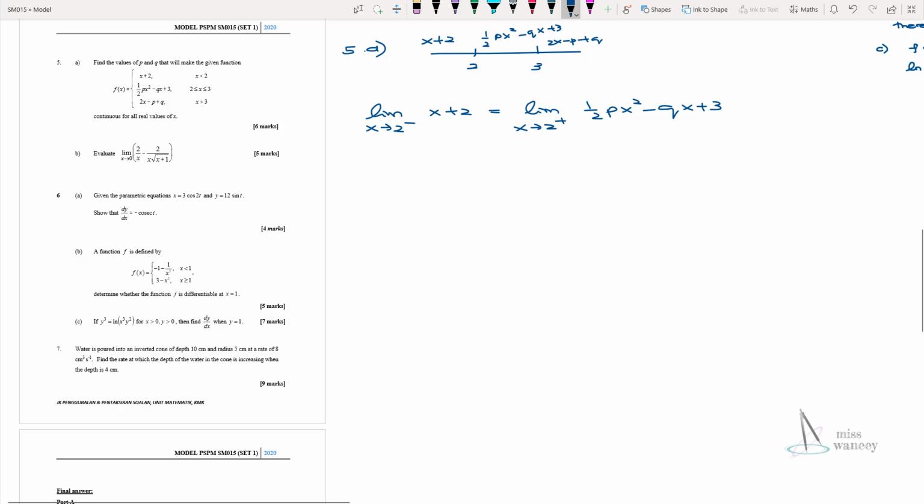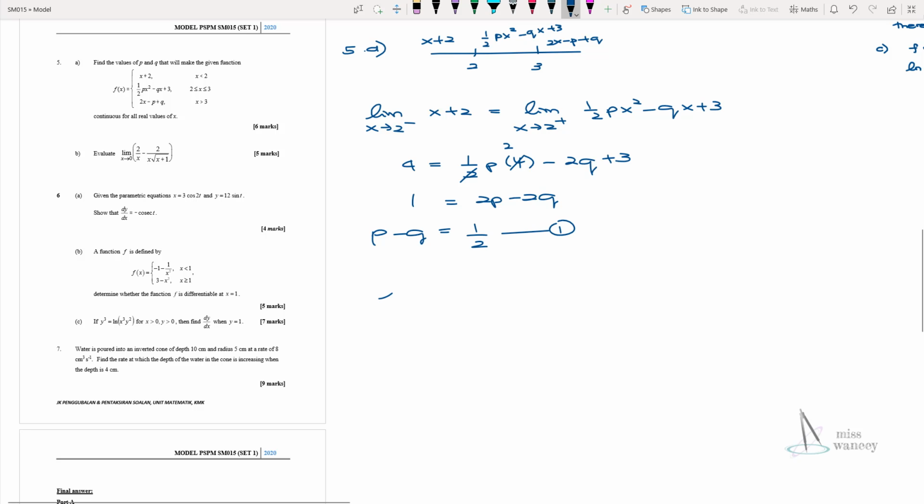So substitute x with 2, so we got 2 plus 2, which is 4, equal to half of p multiplied with 4 minus 2q and then plus 3. So 2p minus 2q is equal to 1. So that means p minus q is equal to 1 over 2. So that is the first equation.